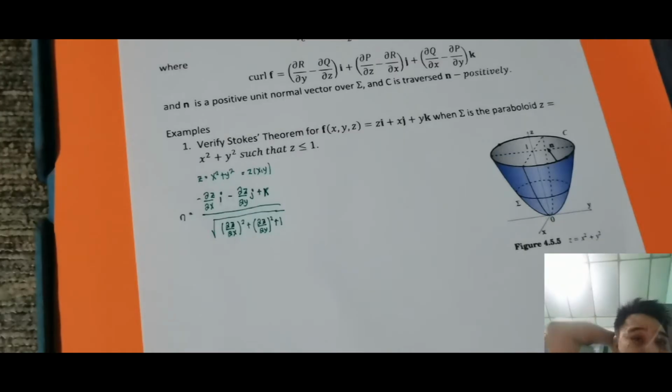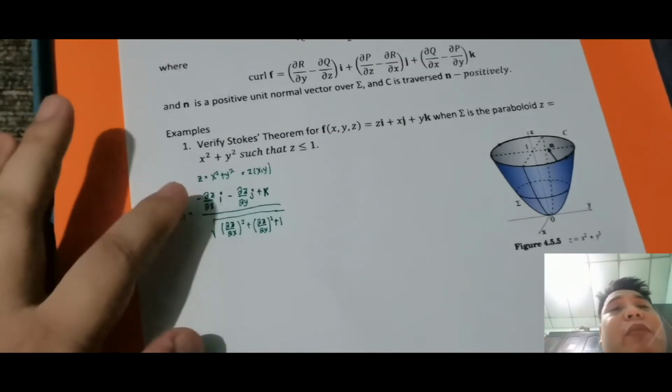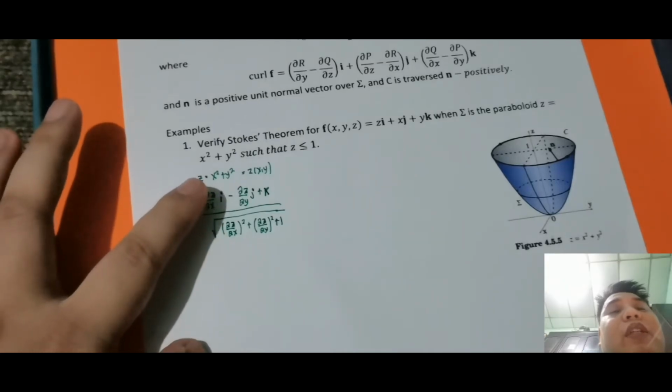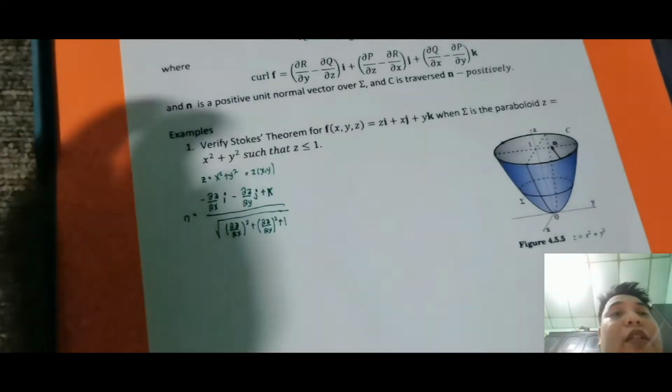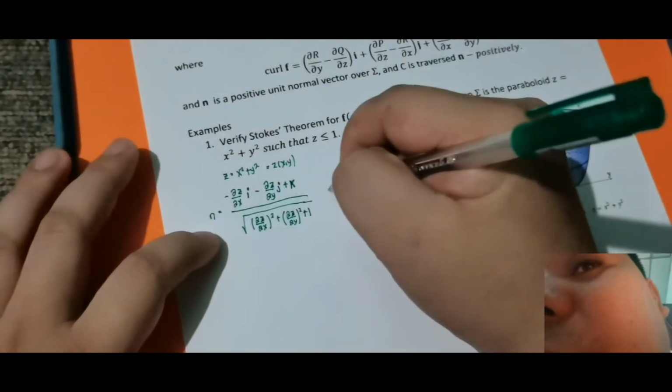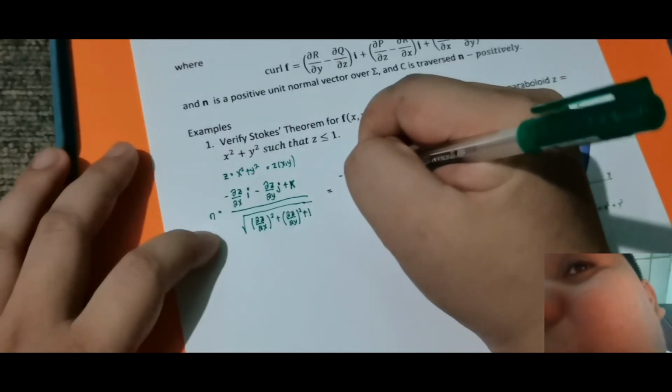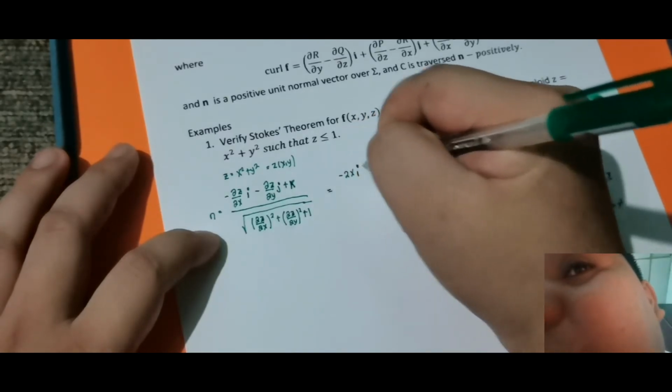Isosolve natin yan syempre. Una, solve natin yung partial derivative of z with respect sa x. Yung z natin, x squared plus y squared, partial derivative niya is simply 2x, so lumalabas sa taas yung negative 2x i.